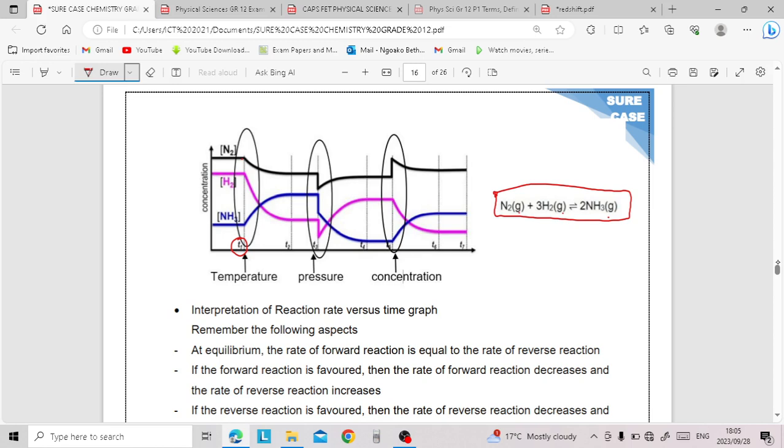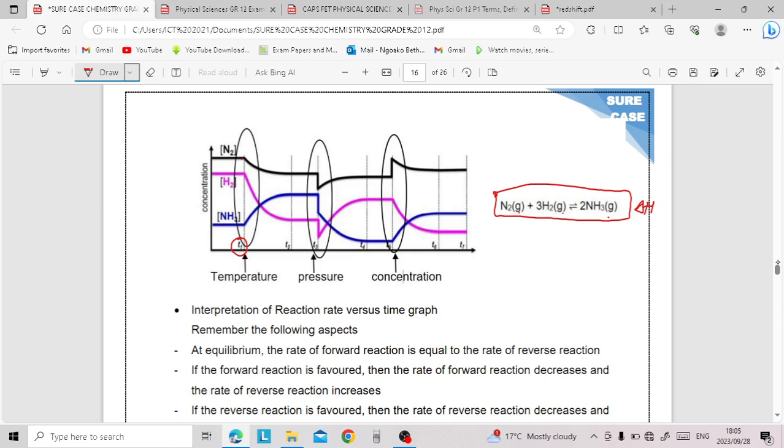If it is affected, the line changes from this horizontal, and if there is no spike, the factor is temperature. But is it increased or decreased? That depends on the forward direction, because of what our delta H is. Then it will show which one is increasing and which one is decreasing.